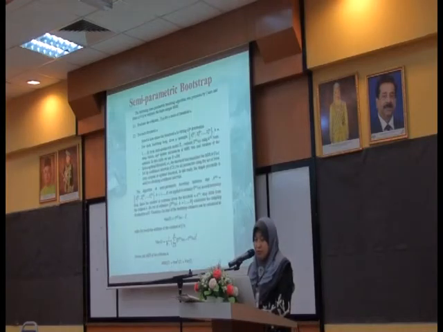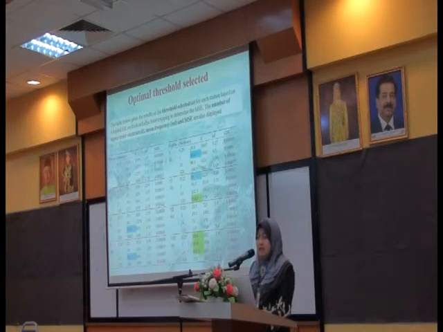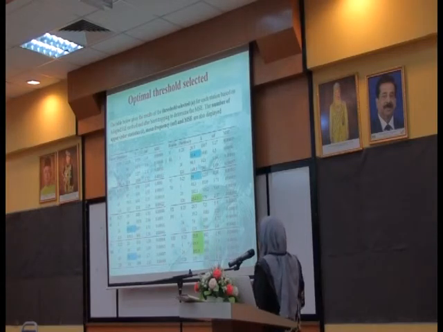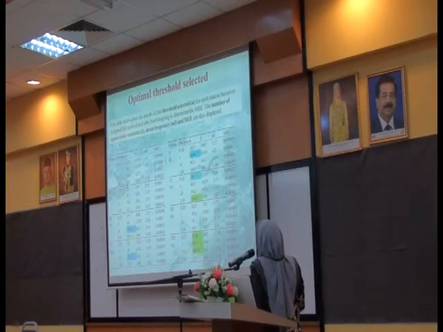So this is the procedure for the semi-parametric bootstrap algorithm, as proposed by Caers and Maes 1998, and this is our result. The table below gives the result of the threshold selected.